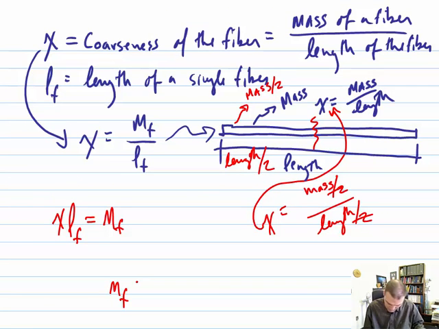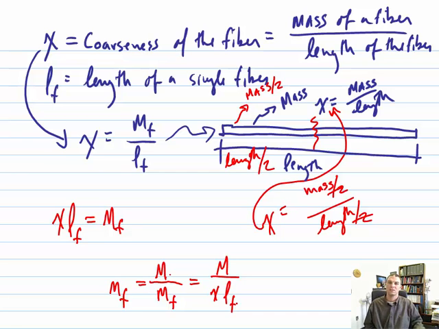So n sub f is equal to the total mass, the fiber mass, divided by the mass of a fiber, which would be equal to the total mass over x times L sub f, or coarseness times the length of the fiber.